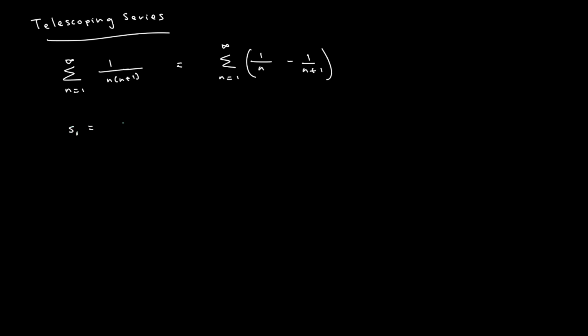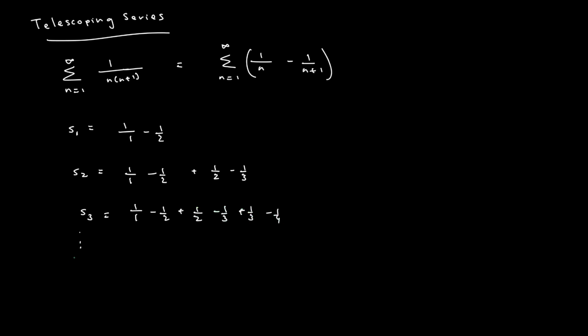That's just 1 over 1 minus 1 half. The sum of the first two terms is 1 over 1 minus 1 half plus 1 over 2 minus 1 third. The first three terms give 1 over 1 minus 1 half plus 1 over 2 minus 1 third plus 1 over 3 minus 1 fourth.